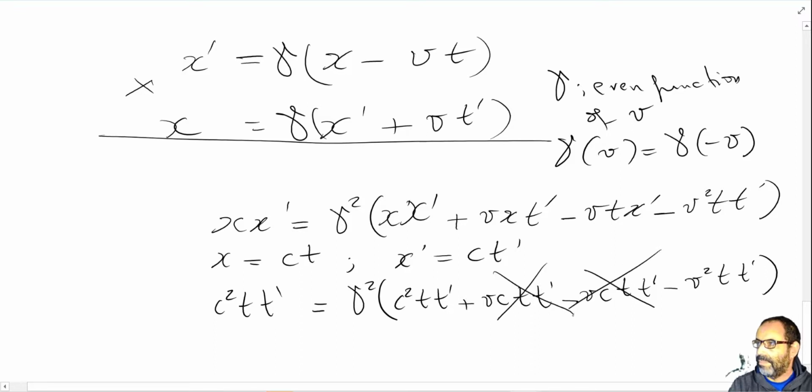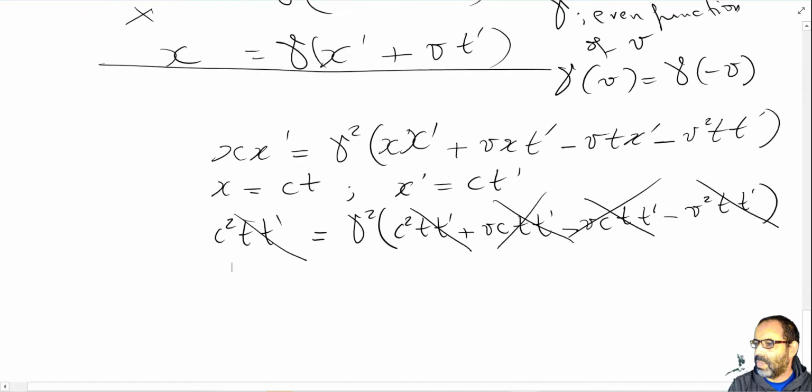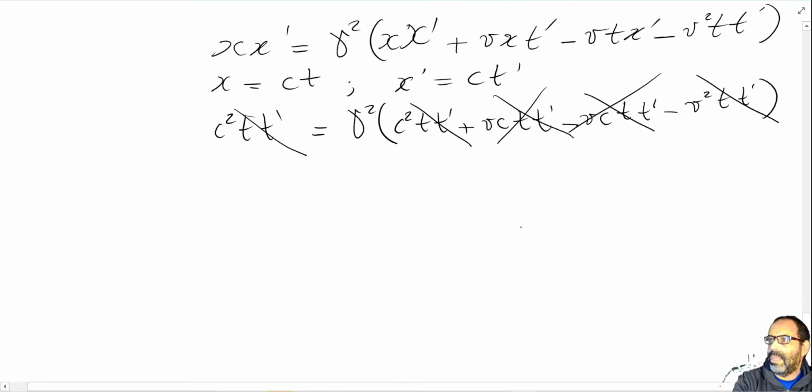They cancel. Okay. Furthermore, there is cancellation on both sides. t and t prime, and t prime. And now we have an expression for gamma that doesn't depend on this event and must be true all the time. c squared is equal to gamma squared times, I am left with c squared in here, and I'm left with v squared in here. So everything cancels in here.